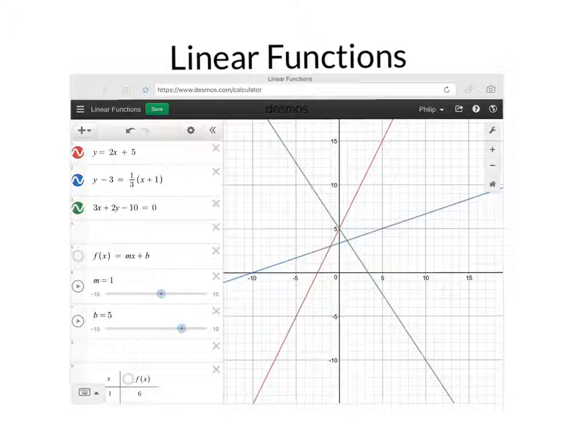So if we have any point, then we can use this form that's called point-slope form. And if we have particularly our y-intercept, then we can use this form, which is called slope-intercept form. And so in future videos, we'll have a video that goes all about the slope-intercept form, and we'll have a video all about the point-slope form.